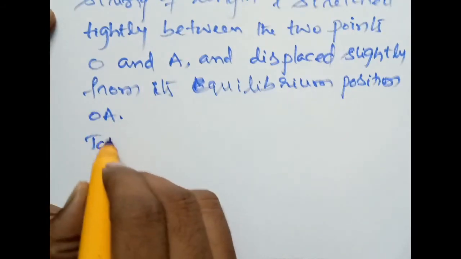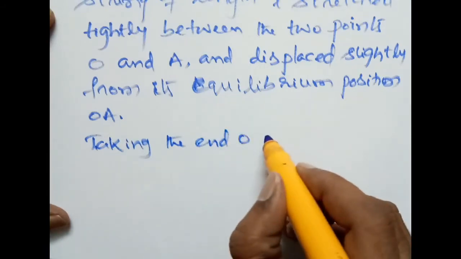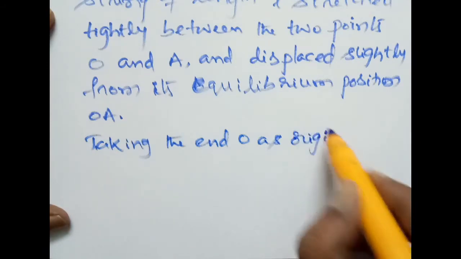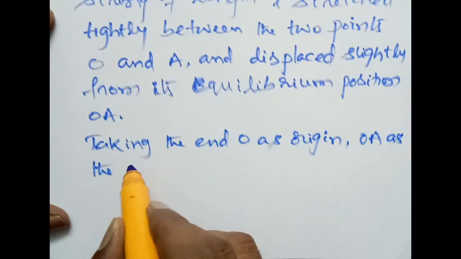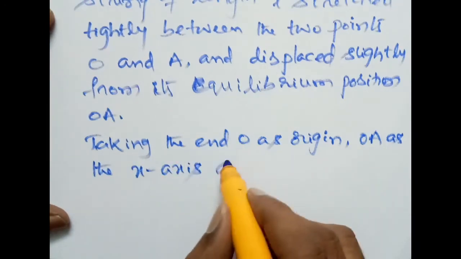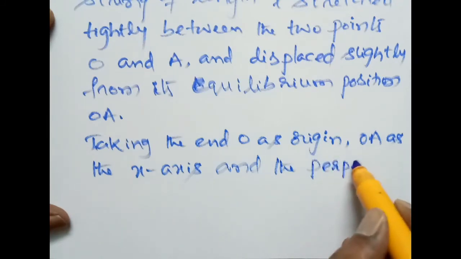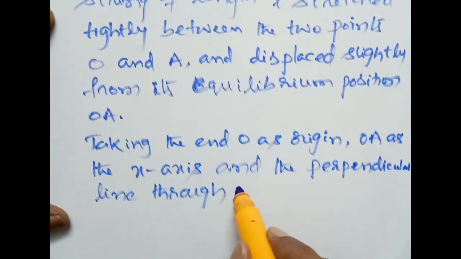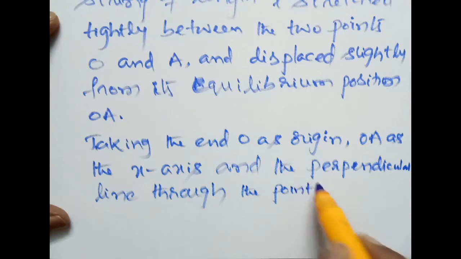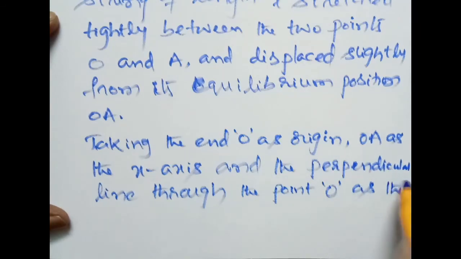Taking the end O as origin, OA as the x-axis, and the perpendicular line through the point O as the y-axis.